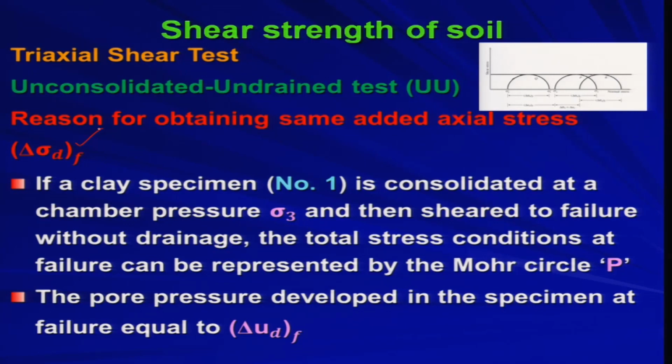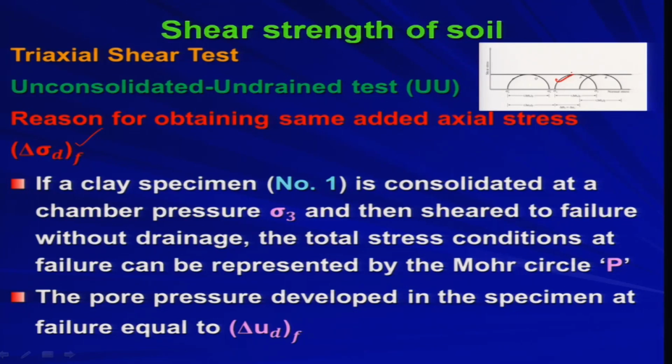That means we are doing a CU test kind of thing. The total stress condition at failure is represented by the Mohr circle P.